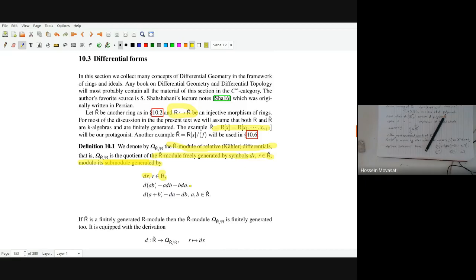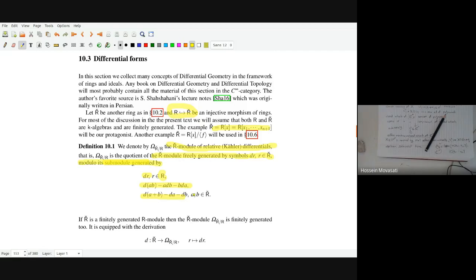And from another point, I want the Leibniz rule to be valid. So d(ab) must be a db plus b da. So don't confuse d with ab, because d for us will always be the differential. And also the linearity, d(a plus b), that I want to be da plus db.